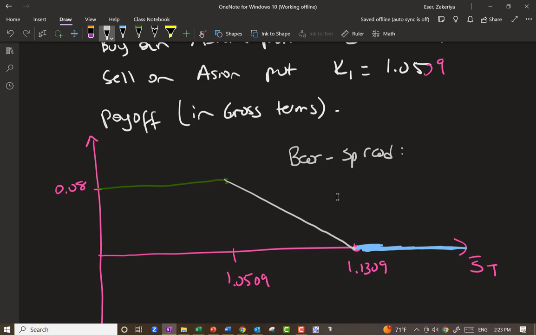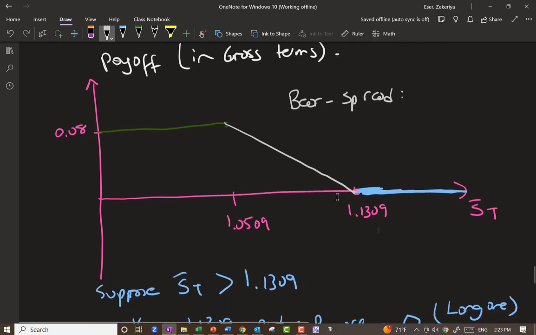Based on your view, you can do other stuff. You can also do other intervals. That's fine. But this would be a simpler example.